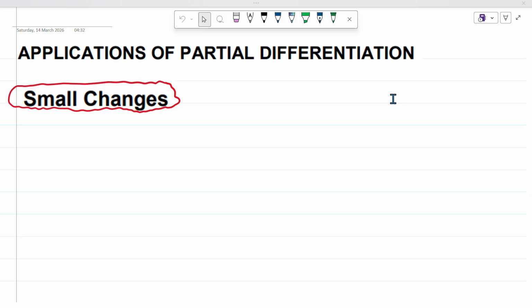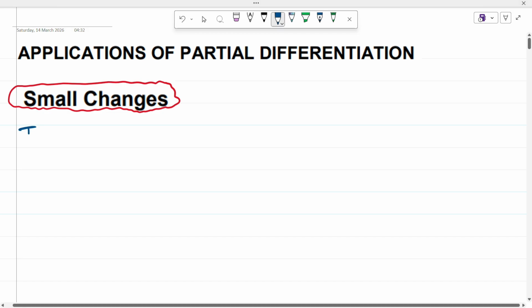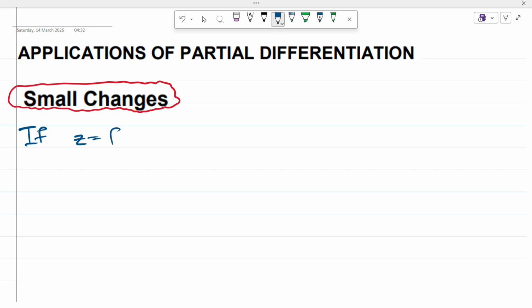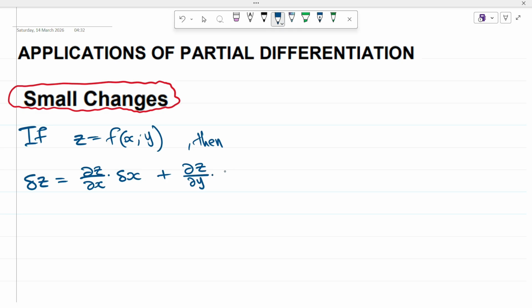So you'll be given, so if z is a function of x and y, then our small change in z is going to be equivalent to partial derivative of z with respect to x multiplied by small change in x plus partial derivative of z with respect to y multiplied by the small change in y.